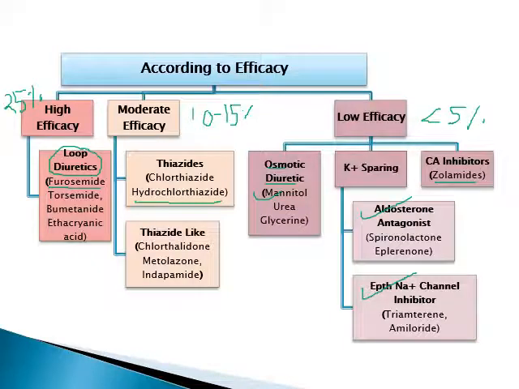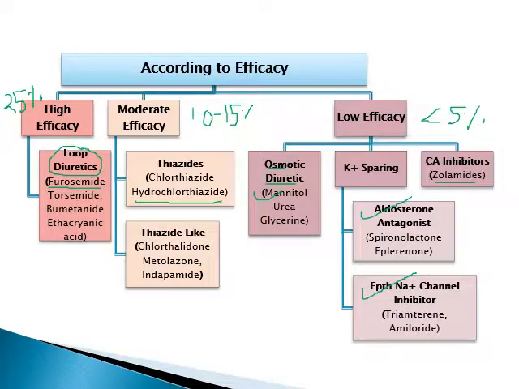So I have told you, if we increase the excretion of sodium, there will be more diuretic effect. So based on this, we can divide the diuretics into three different categories: high efficacy, moderate efficacy and low efficacy.